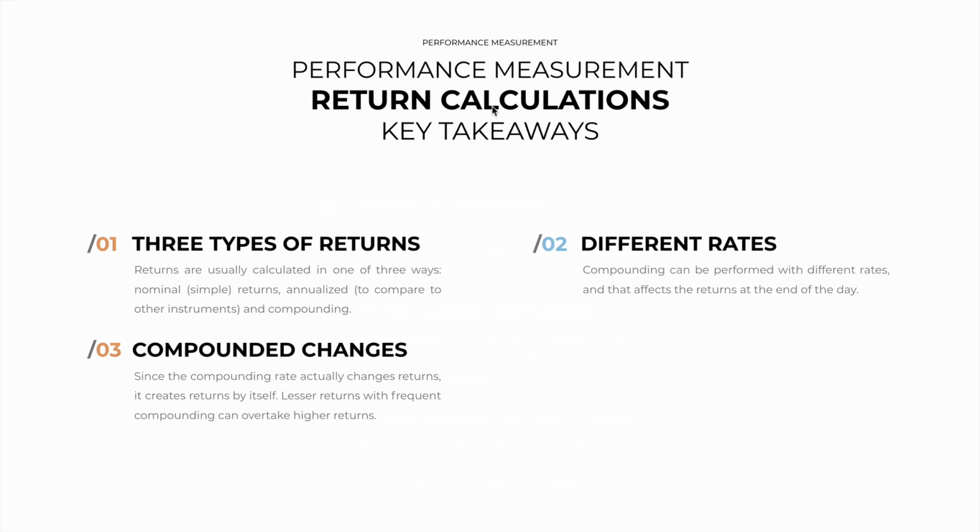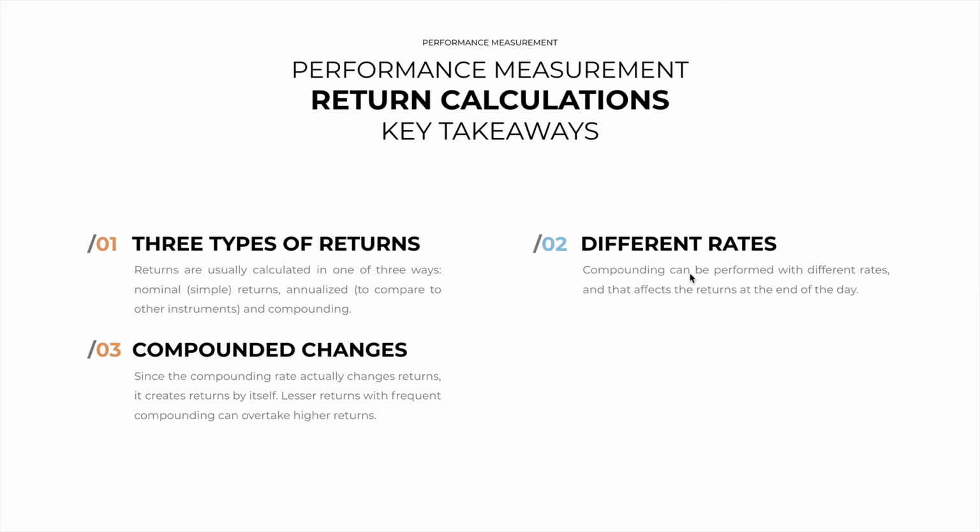What are our key takeaways here? The first is that there are 3 types of returns. They are usually calculated in one of 3 ways: nominal or simple, annualized, which are normalized to a yearly duration to compare to other investments, and compounding returns, which include the compounding rate into the returns.